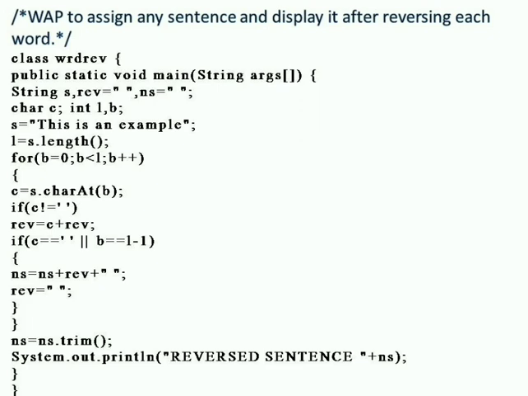In that case, what we will do, we'll concatenate the word which we have already made reverse, that is in rev, with the new string, and after that word we'll concatenate one blank space. After doing that, we'll empty the word which is reversed, that is rev equal to blank space.